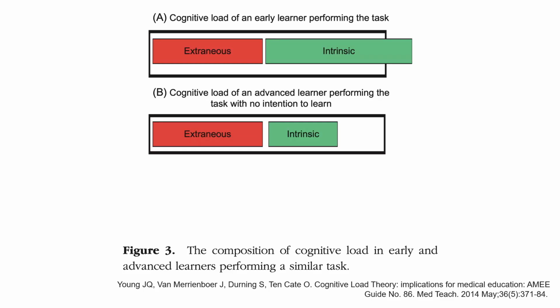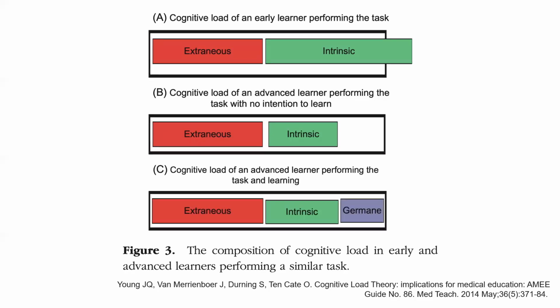Because this learner is not intending to learn, though, there is no concentration or effort applied. We can compare that with the cognitive load of an advanced learner who is performing a task and learning. In this example, this learner is applying that increased working memory as germane load, optimizing their learning of the task.